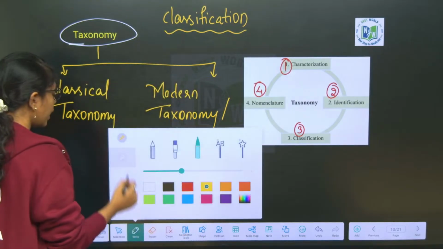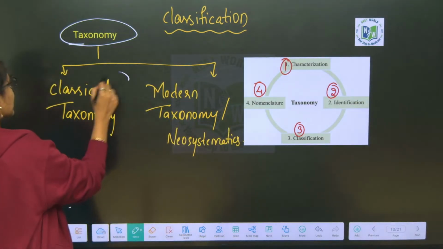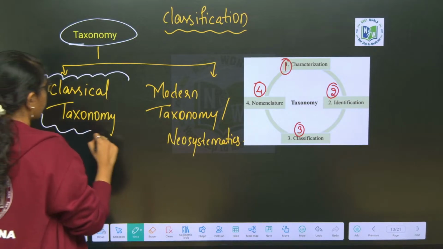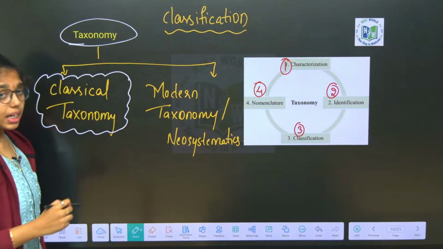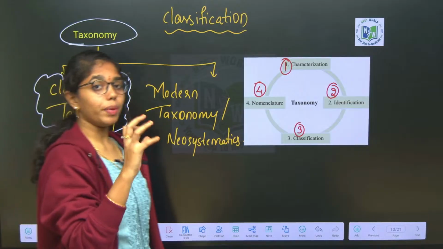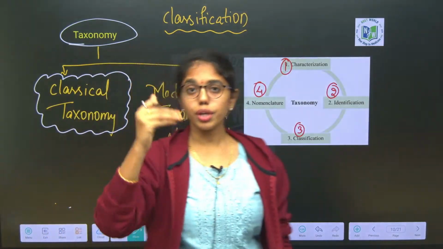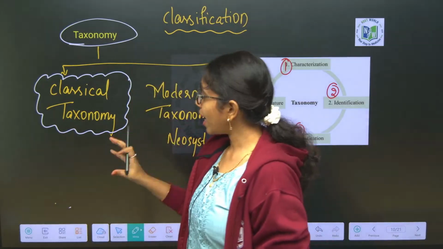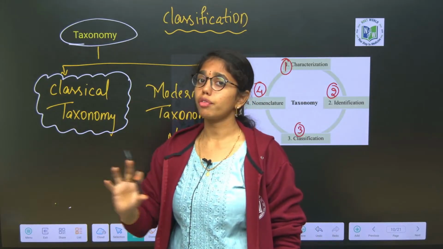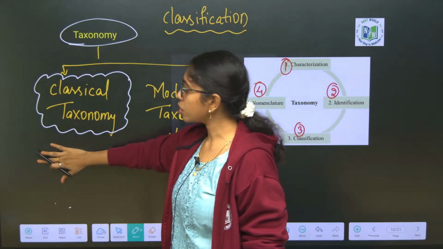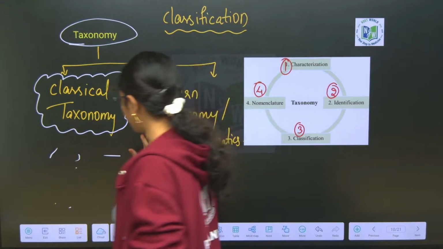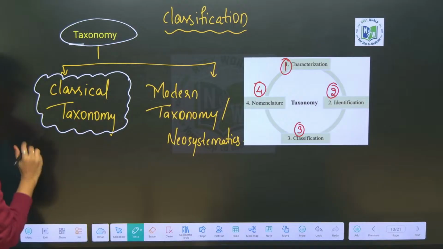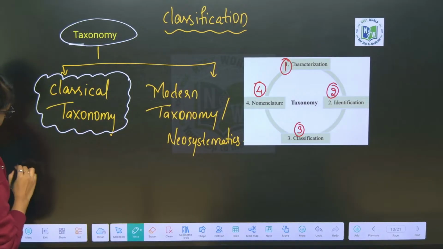Classical taxonomy is nothing but grouping or placing the organisms into different taxa, categories or ranks based on just observable morphological features. Here we are considering only gross morphological features.